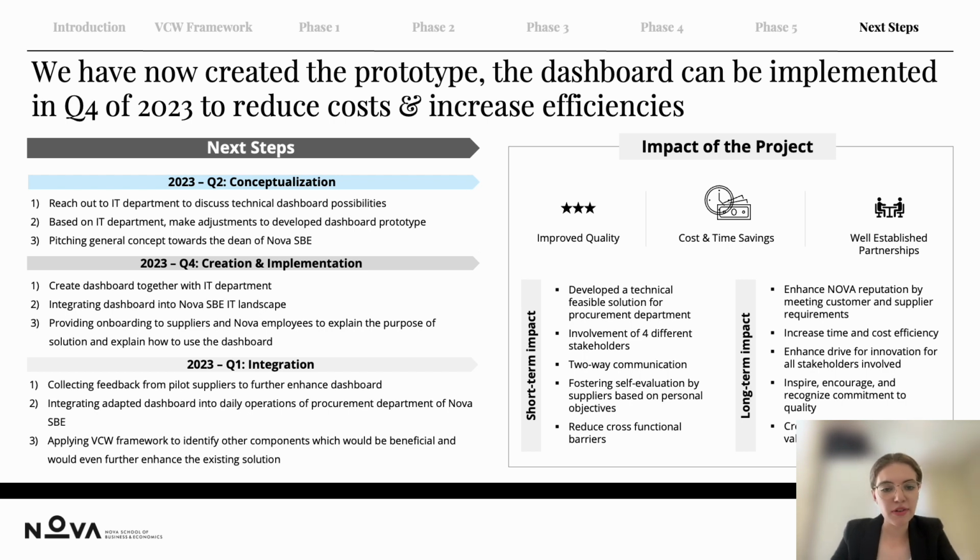And looking into the future, if the project is successfully implemented, we actually think that there will be an improvement in the quality and performance of suppliers. There will be cost and time savings, and also well-established partnerships with the suppliers, as there's two-way communication in place.